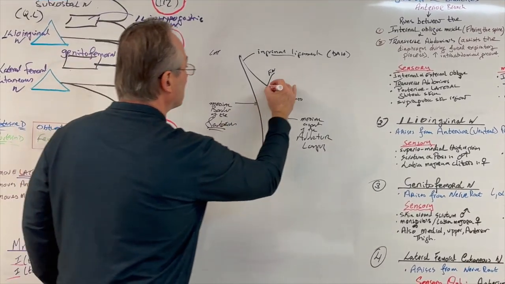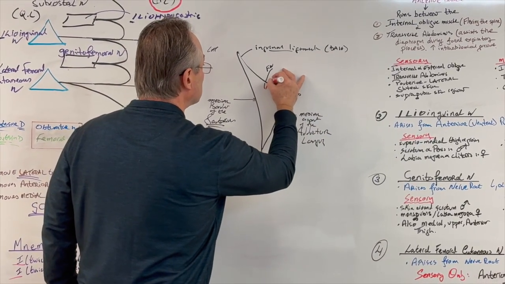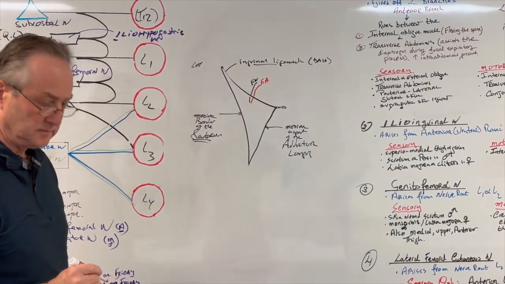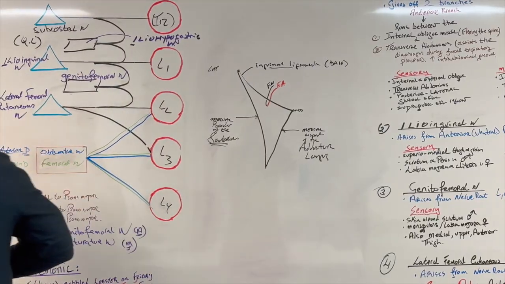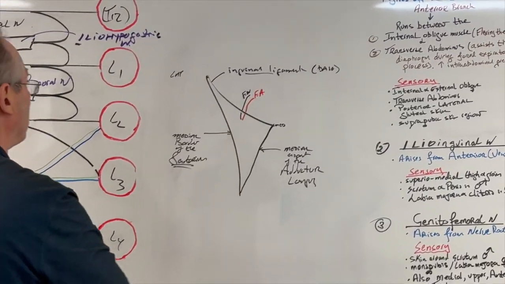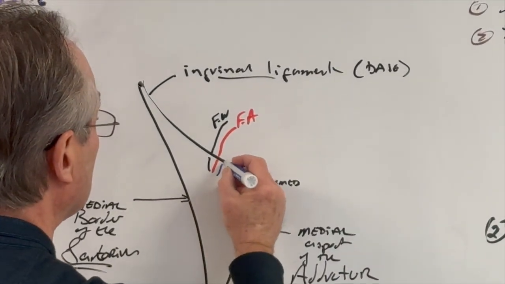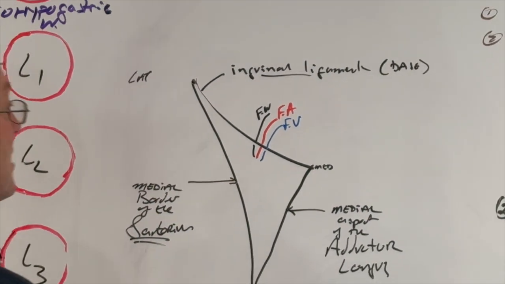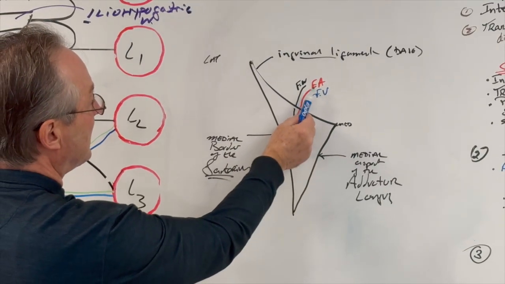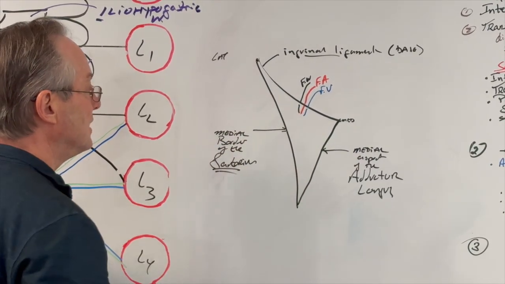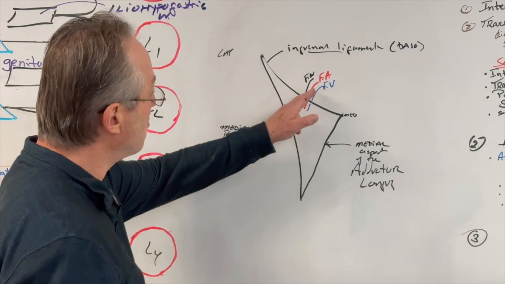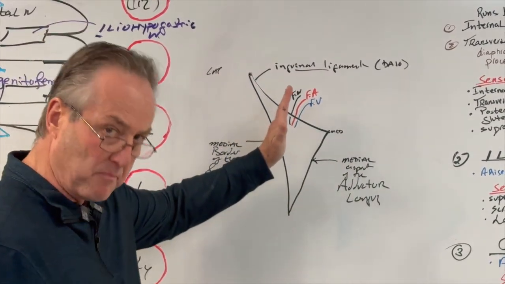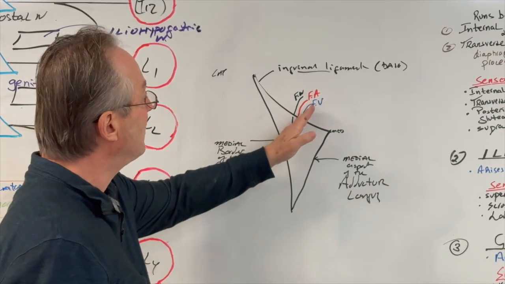What's in the middle, what comes next or medial to that is the femoral artery, okay? The artery. And then over here you have the femoral vein. And so it actually spells V-A-N, van, but backwards. So what we need to know is that the femoral nerve is most lateral, then in the middle is the femoral artery, and then the femoral vein.